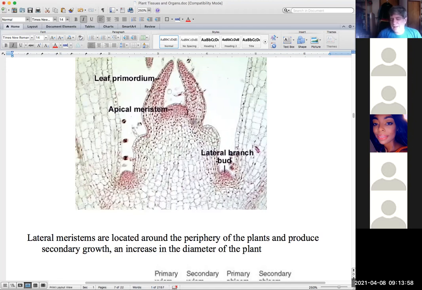Now, right behind the meristem where it's growing, every once in a while, we see new leaves start to form. And these new leaves are called a leaf primordium. Primordium means beginning. So notice in the leaf primordium, again, the cell nuclei are very close together.